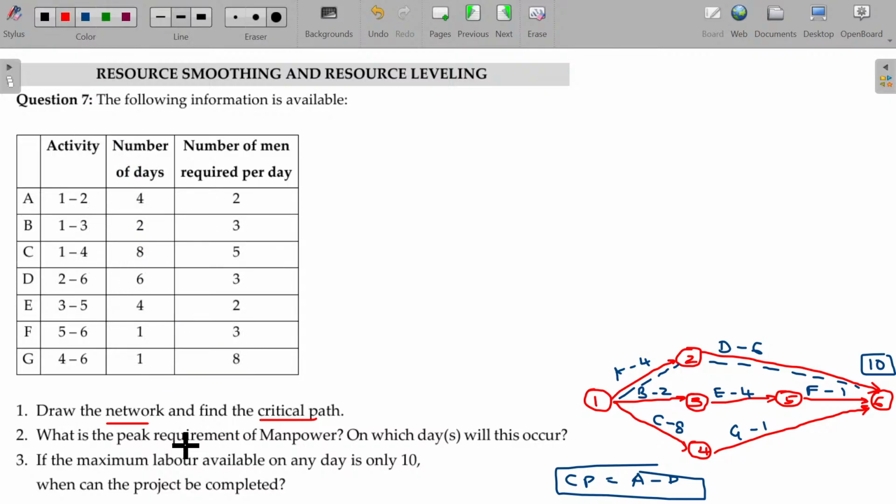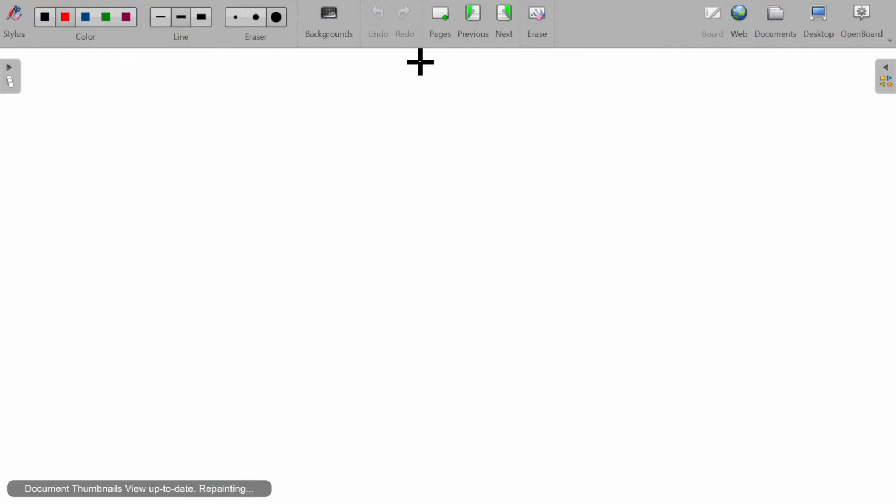Based on that, what is the peak requirement of manpower, and on which date will this occur? So you have to answer this. For that, you have to prepare a Gantt chart. Let me prepare the Gantt chart here.